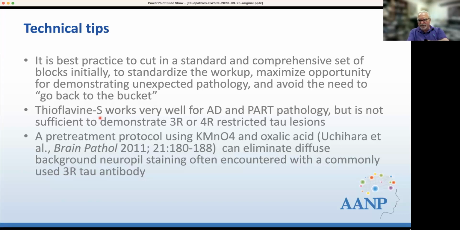There's a nice paper that was published in 2011 by Uchihara et al. using a pretreatment with potassium permanganate and oxalic acid that virtually completely knocks out that background staining and can be really useful in increasing the signal to noise ratio when looking for 3R tau.